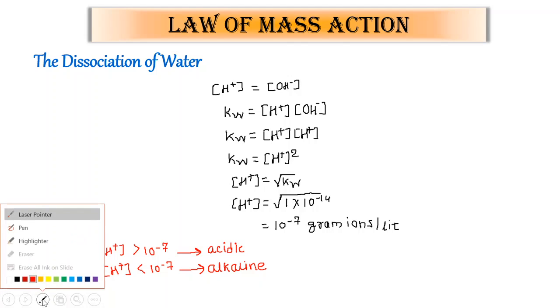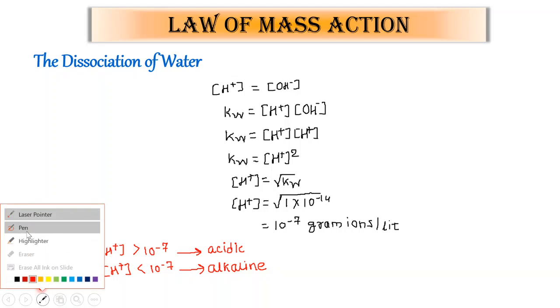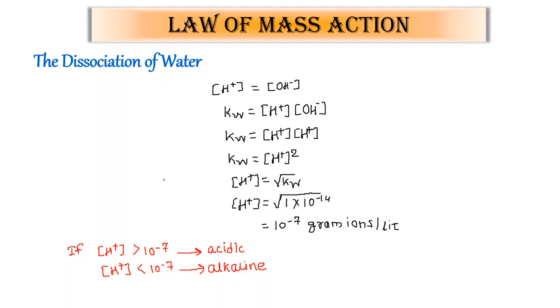Now if I further apply a negative log to this particular equation, then I will get a well-known pH equation. Here I will put a value of minus log to the H ion and minus log to the OH ion.